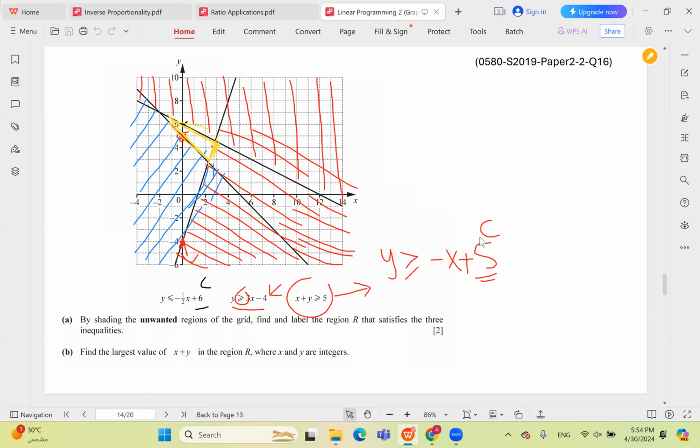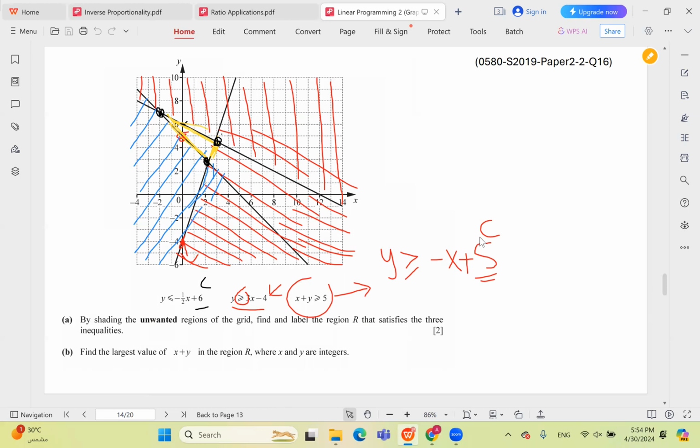Find the largest value of x plus y in the region R. So the largest value would probably be at the top right corner of the region, which is this point here, because this is the largest value of x, or here, or here. It has to be in one of the three corners. So we have to figure out, using the coordinates of the three corners, what the maximum value is.